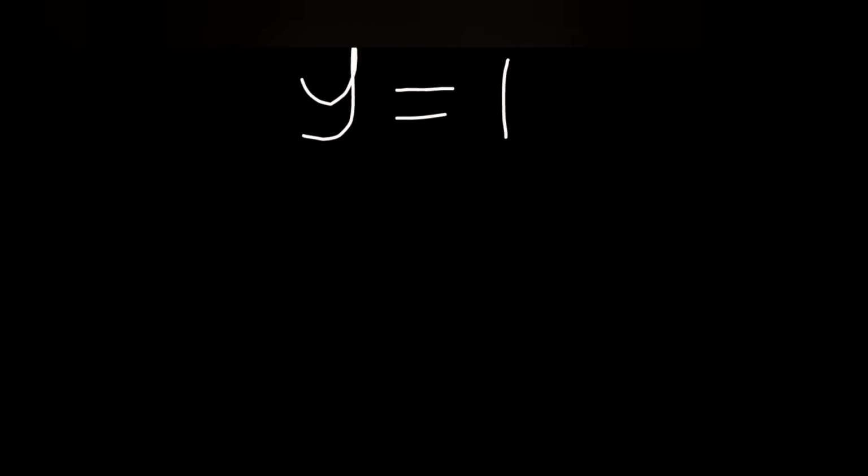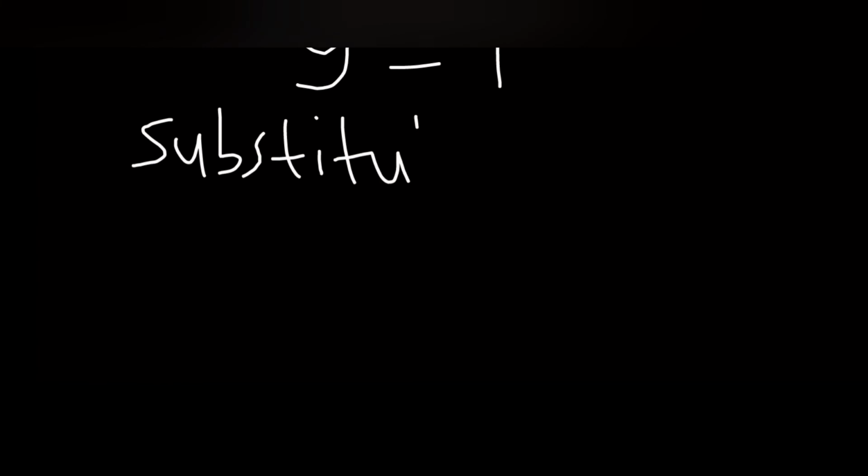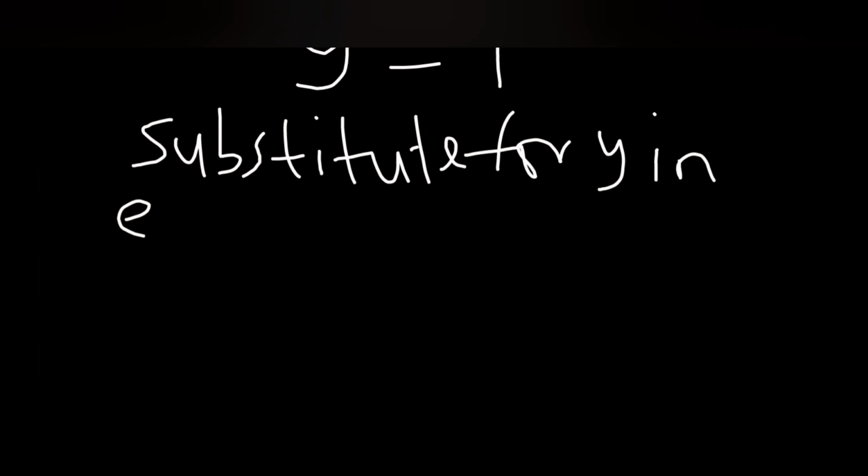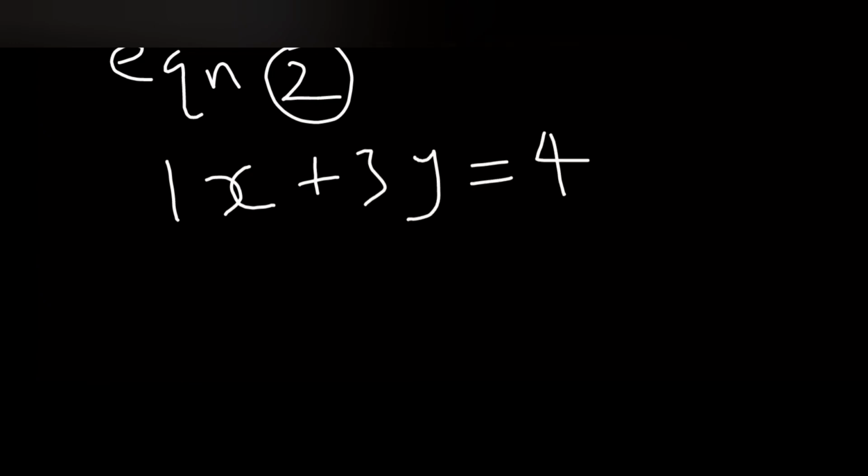So if you substitute for y in equation 2, it will now be like this. Remember that your equation 2 was 1x plus 3y equals 4. To substitute for y, anywhere you see y, you put the value.